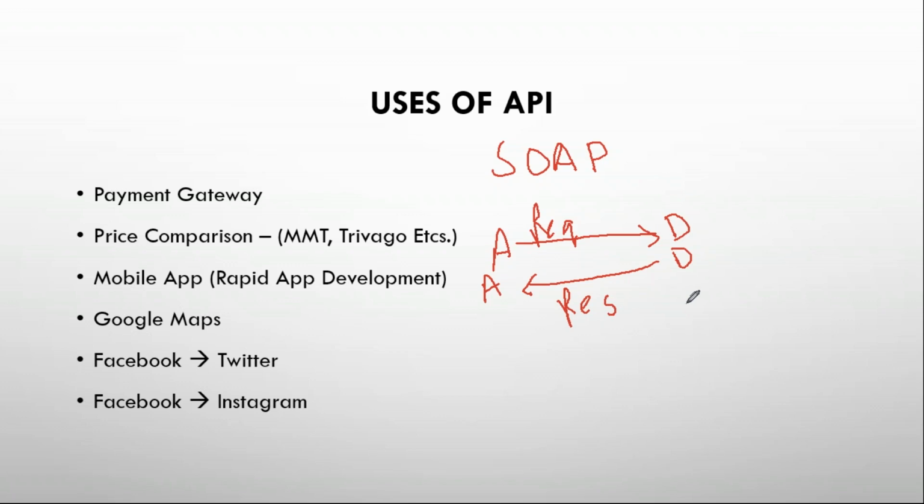So earlier it was done by SOAP. Now, for the last 5 to 7 years, it is the API. So why was another technology required when one technology was already there? Why is the industry no longer using SOAP? The reason is that there were some demerits of SOAP which were addressed while developing the API.